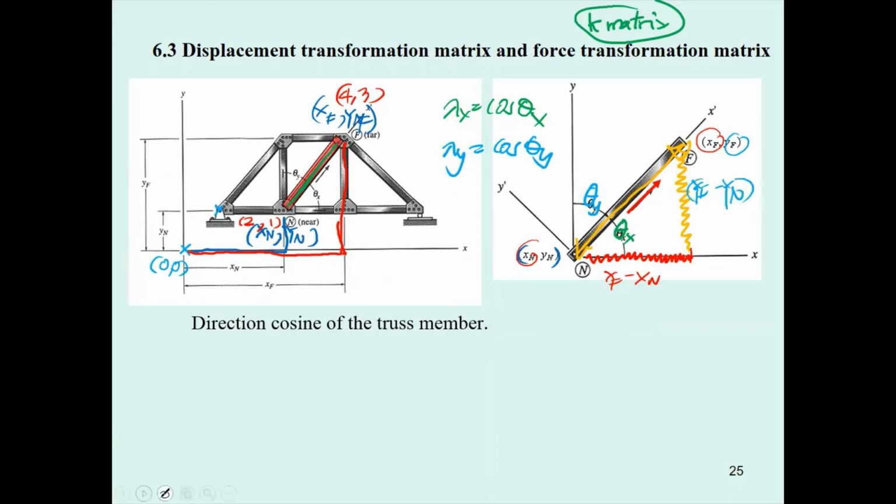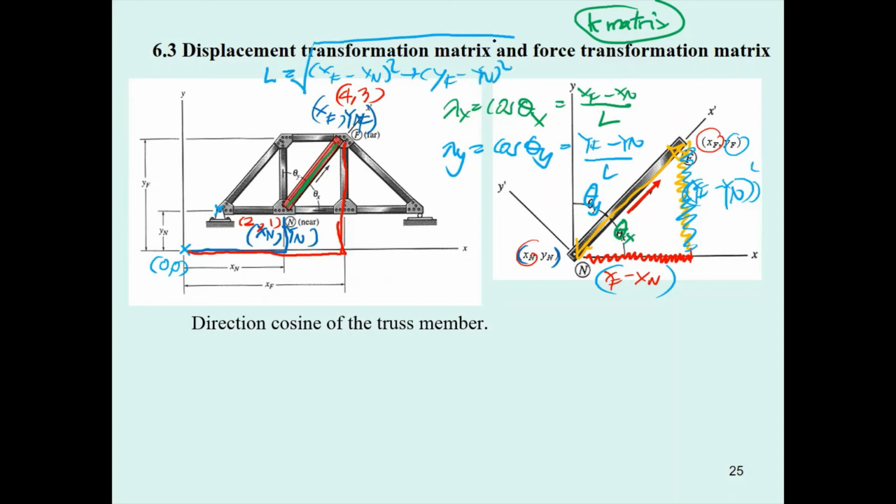So lambda sub x is x sub f minus x sub n divided by L, and lambda sub y is y sub f minus y sub n divided by L. What is L? L is going to be this length squared plus this length squared, square root. So L is going to be the square root of x sub f minus x sub n squared plus y sub f minus y sub n squared.